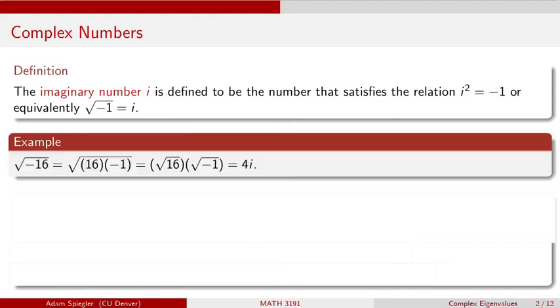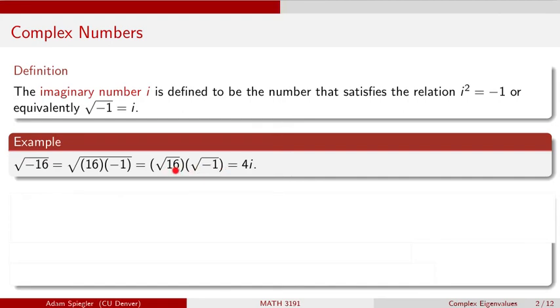For example, in the previous characteristic equation, we needed to simplify a term that looked like the square root of minus 16. Underneath the square root, I can break that up into 16 times minus 1. And then we're allowed to break up products underneath the square root, so I can write this as the square root of 16 times the square root of minus 1.